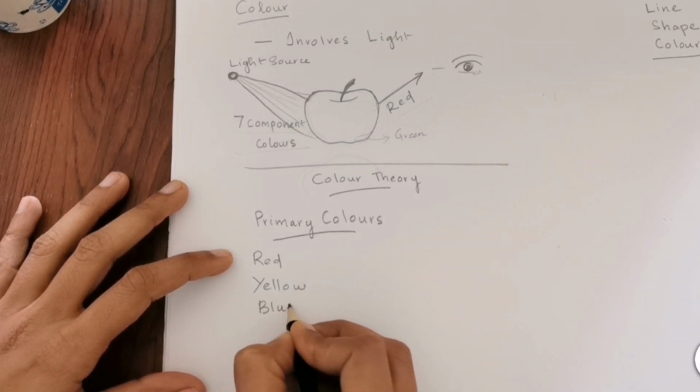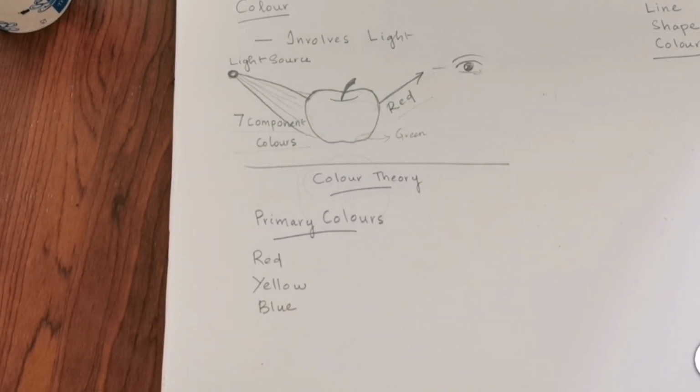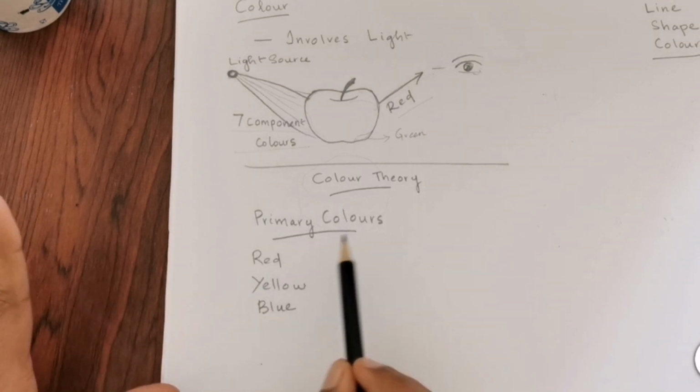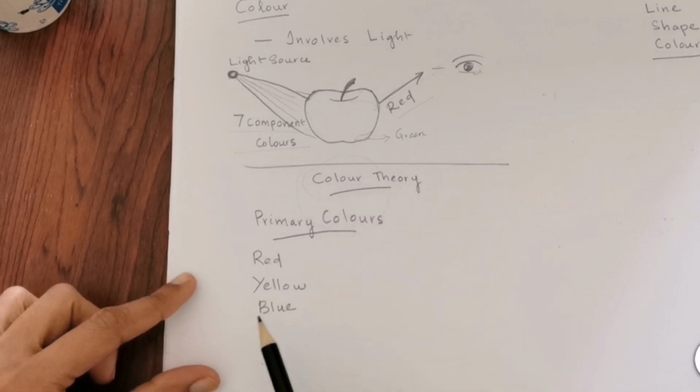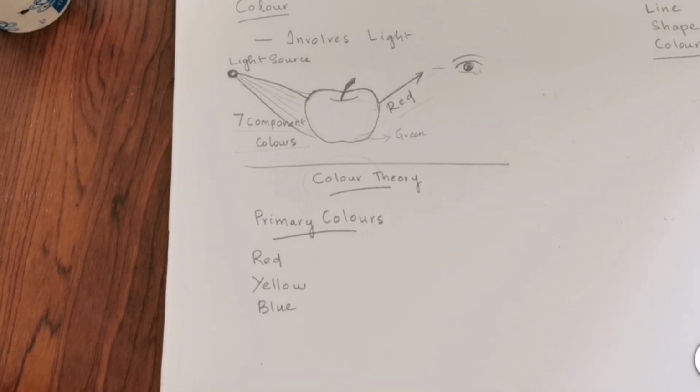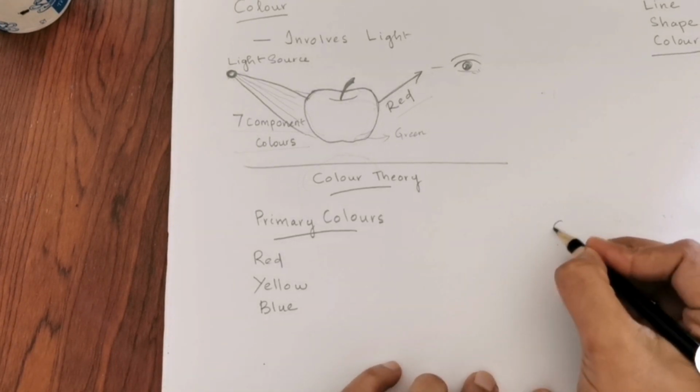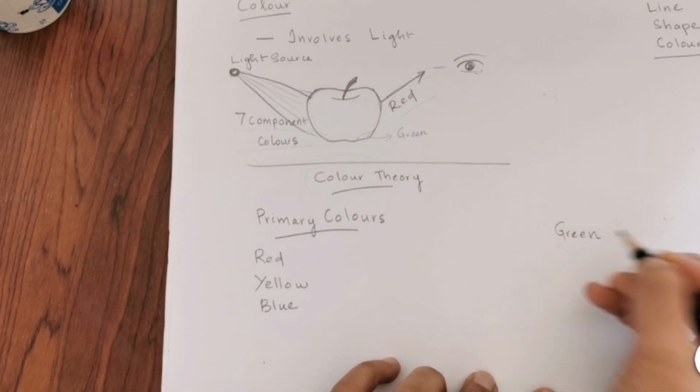Because these three colors can't be made by mixing any other colors. For example, we can mix a little bit of yellow and blue together and we will get green, right? But similarly, none of the shades can you mix to make red, yellow or blue. That's why these are called primary colors.